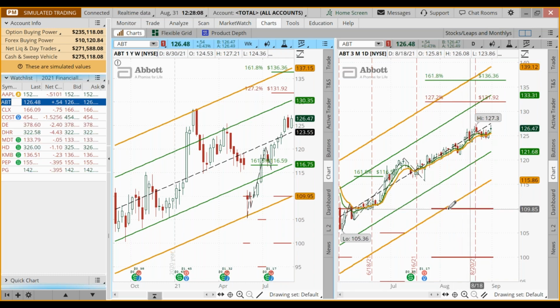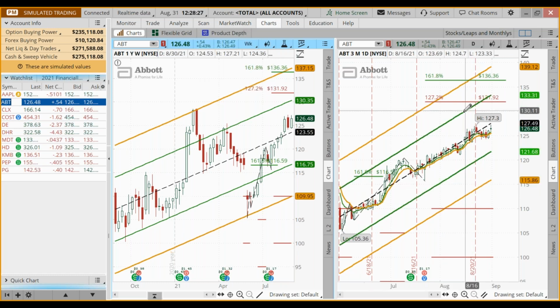And now, as we make profit here and it goes up, we're getting more and more conservative, which is a beautiful thing, to be more and more conservative as you get into a trade that's working.